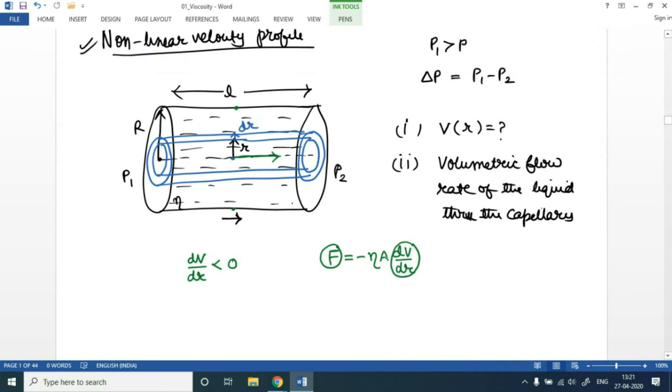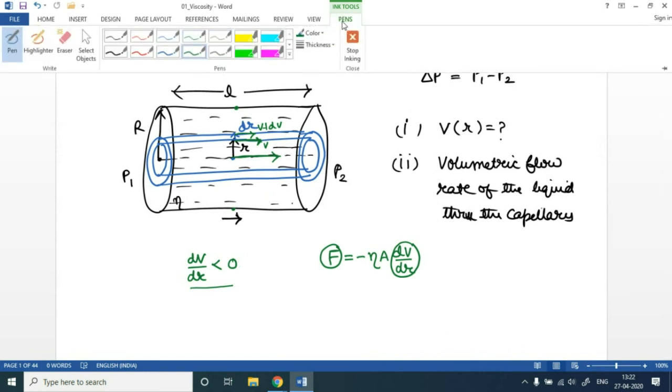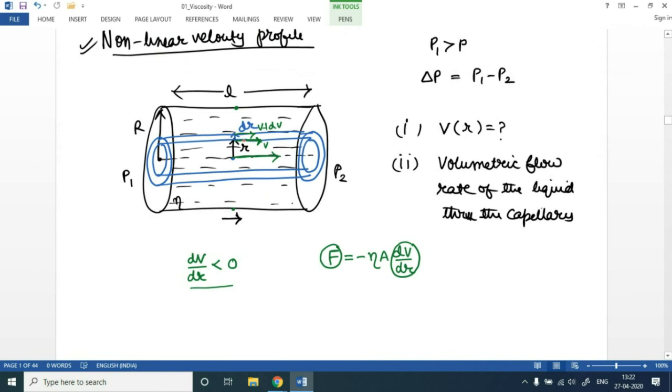So now you must realize that here the velocity is, let's say, v, and here the velocity is v plus dv. Obviously the velocity is decreasing as r is increasing, so dv by dr is negative. So the direction of dv is in backward direction, so the viscous force exerted by the inner part of the liquid will be in this direction, that is F, and the upper layer of the liquid will be dragging it in backward direction, that is F plus dF.